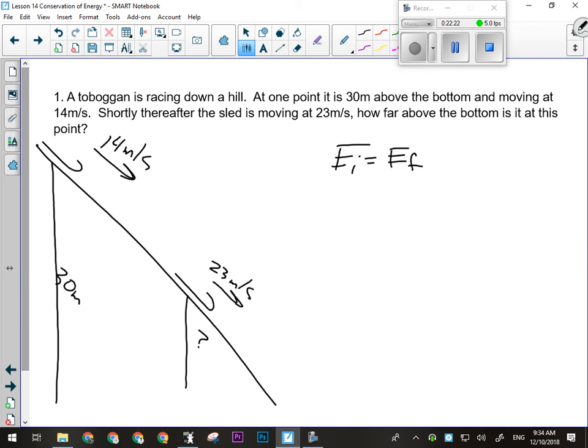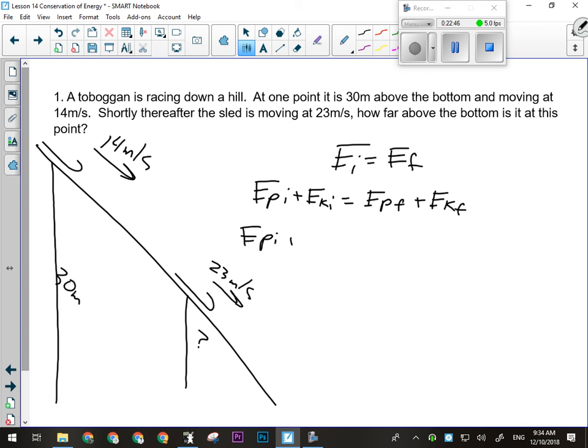Do we have both kinds of energy at both points? Yeah, we can't cancel anything. So we've got EP initial plus EK initial equals EP final plus EK final. What we're looking for is part of EP final, so I'm going to subtract the EK final over here before I put any confusing numbers in.